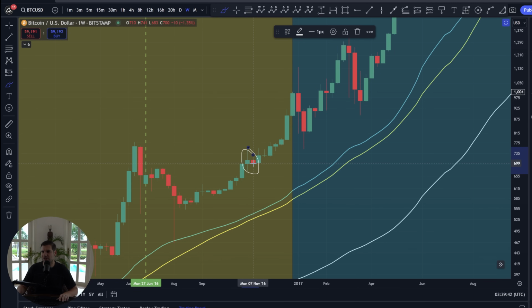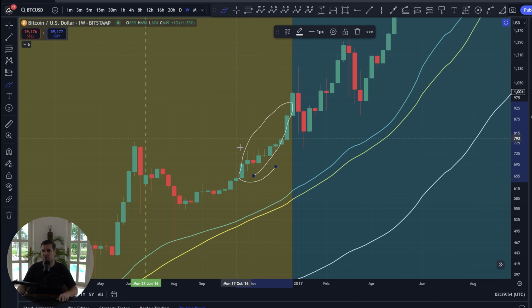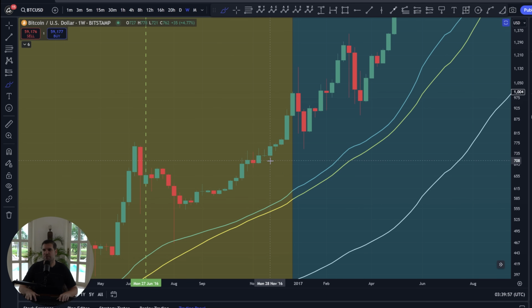We would have seen the US election day happening right here, and then we would have seen a push to the upside straight after that. So we can see that basically the US election day was also very much a green time for Bitcoin, taking that price action from $699 up towards, at the end of the year, $1,000. So again, we saw some pretty good growth in Bitcoin's price action right in and around the US election day.